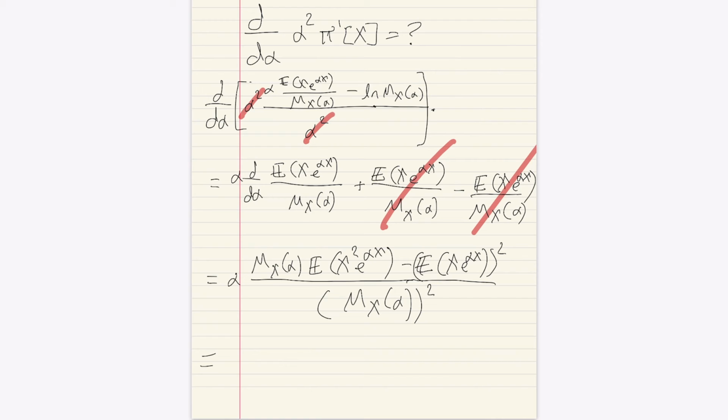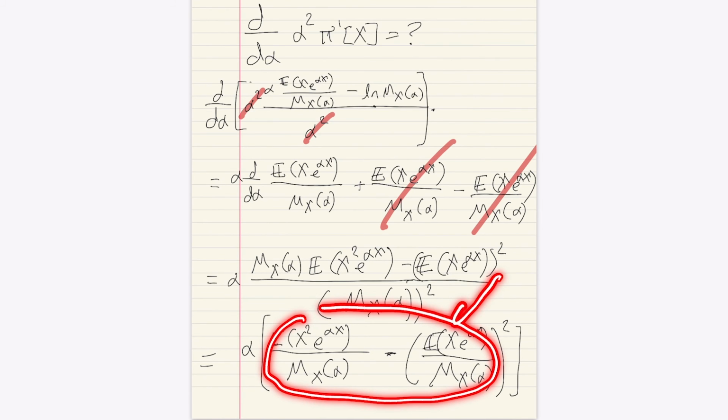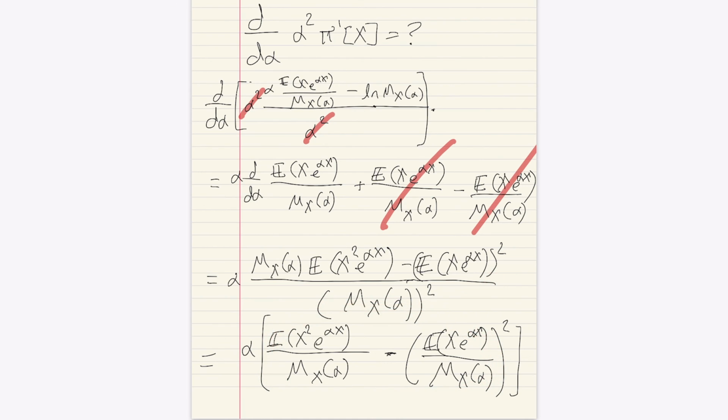Now this is just alpha times the expectation of X squared times the exponential of alpha X divided by the moment generating function at alpha. Then we could just subtract the expectation of X like this divided by the moment generating function of X, all that to the power of 2. And just observe that in here what we have is just what we needed to have, which is the variance of the Escher transform of the random variable X.